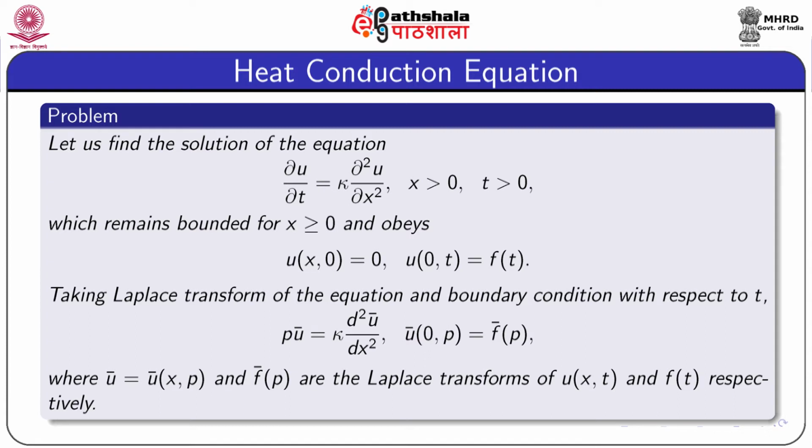Now, our problem becomes: we have to solve an ordinary differential equation given by d2 u bar dx square into kappa equals p into u bar, and this is an ordinary linear second order differential equation, and we have to solve this equation together with the condition u bar (0,p) equals f bar p.